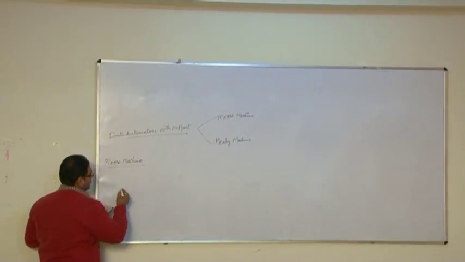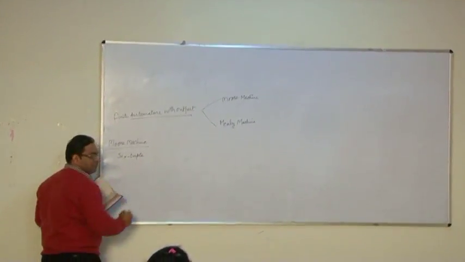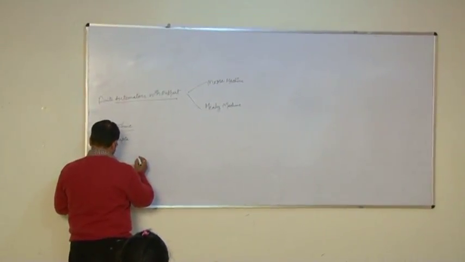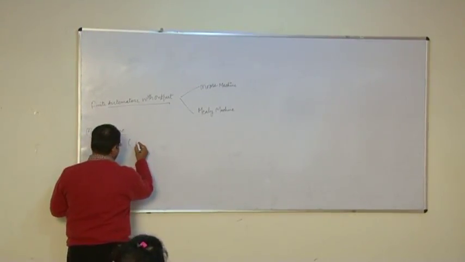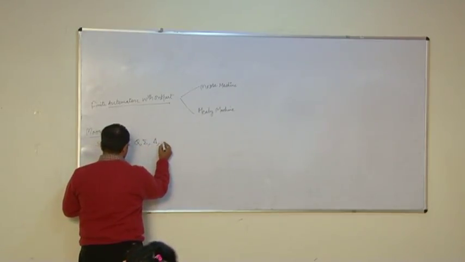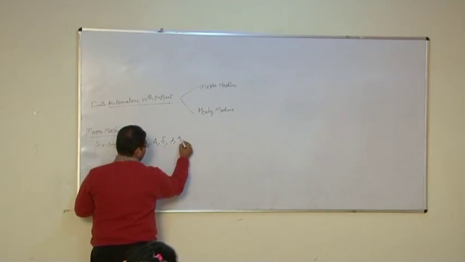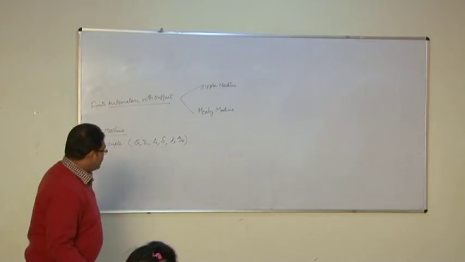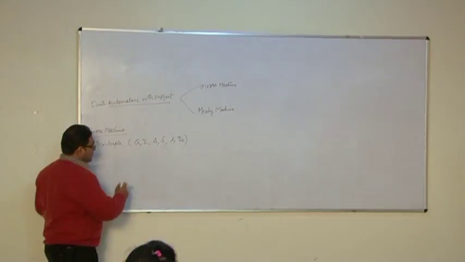So a Moore machine can be defined as a 6-tuple. It is written as Q, sigma, delta, capital delta, lambda, q naught. So this is similar to the definition of finite automata with a small difference.